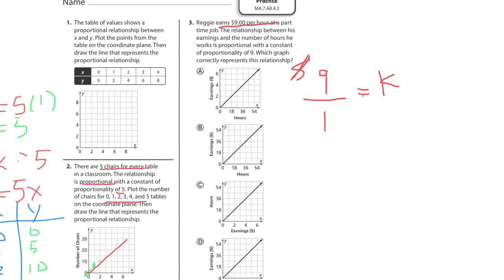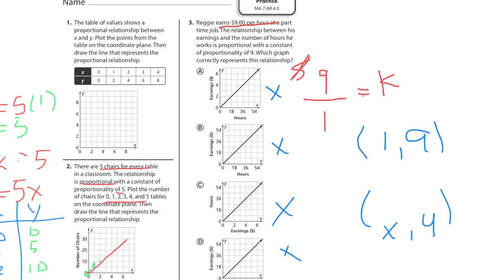We're looking for, in any of these, A, B, C, or D, the coordinates 1, 9, or when we have x and y coordinates on the graph, we need to get k equals 9.